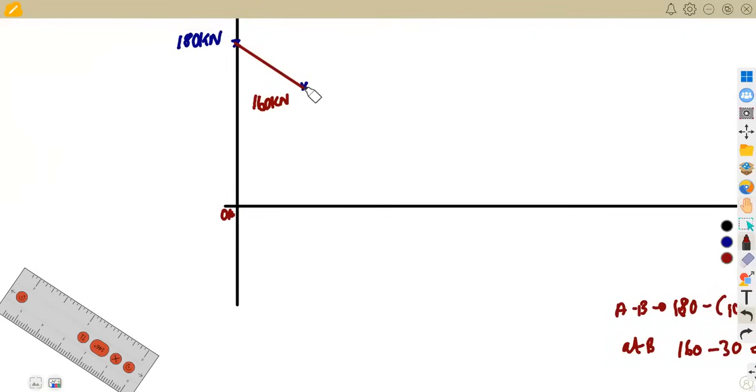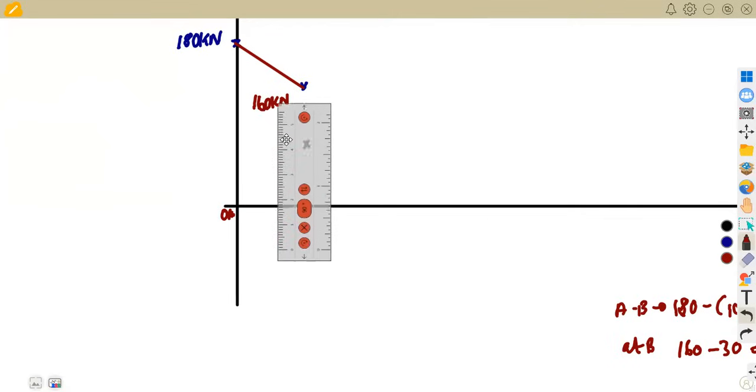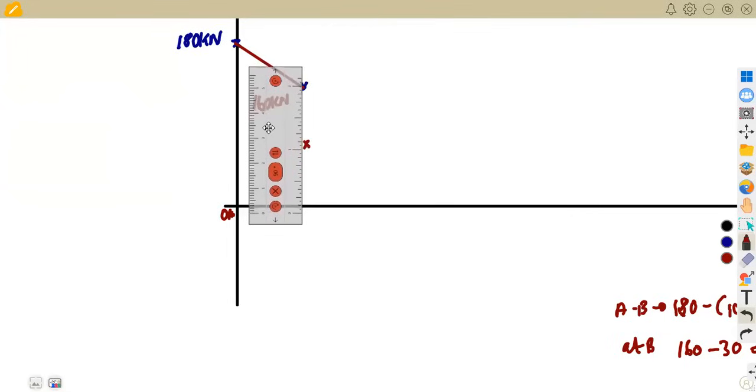You're going to mark at 130, according to your scale. So you join, and that's a vertical line that you're going to have at the end.